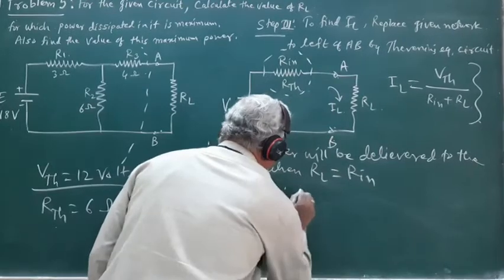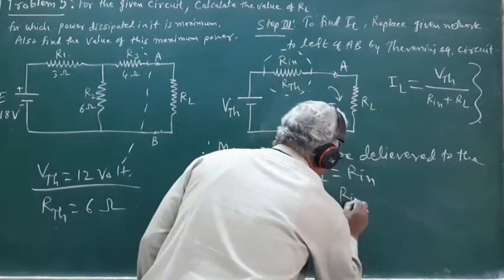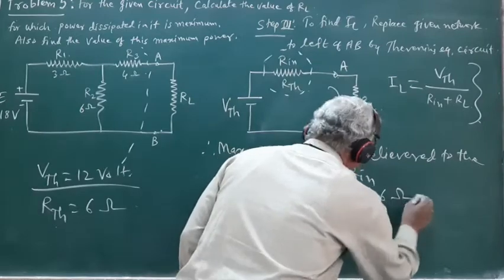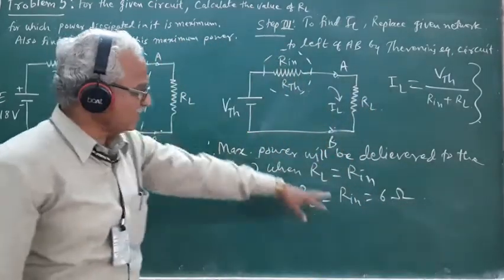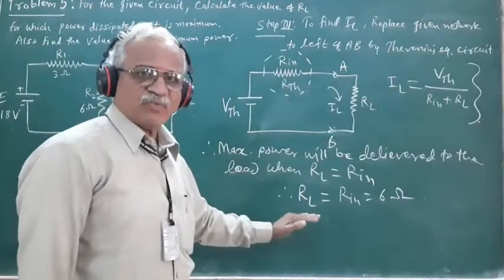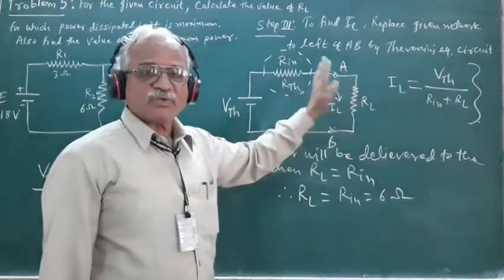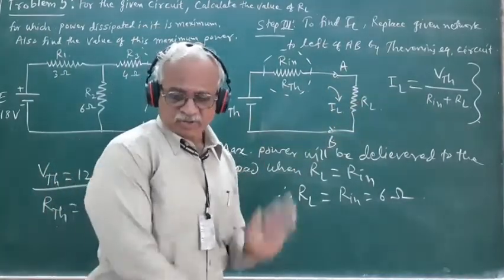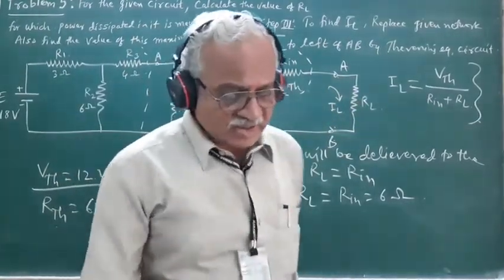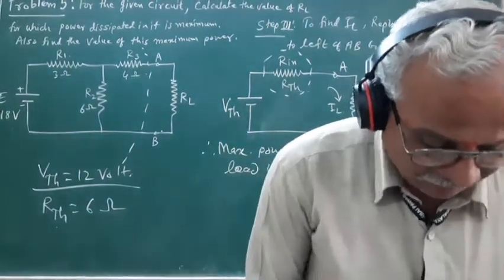Therefore, RL must be equal to RTH, which is 6 ohm, because the value of RTH is 6 ohm. So under this situation, when the value of RL is equal to 6 ohm, the maximum power will be delivered to this load resistance. This is in accordance with the maximum power transfer theorem.